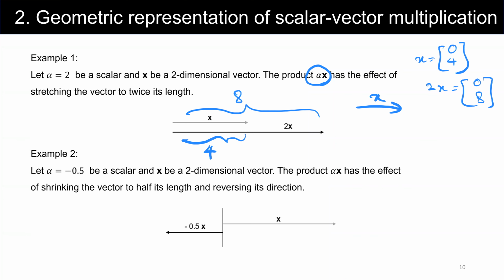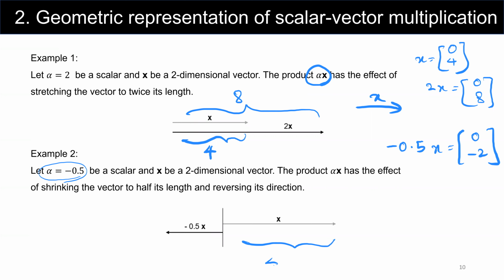And then let alpha be -0.5, a scalar, and x be a two-dimensional vector. The product alpha x has the effect of shrinking the vector to half of its length and reversing the direction. So in our example, -0.5x is equal to (0, -2).